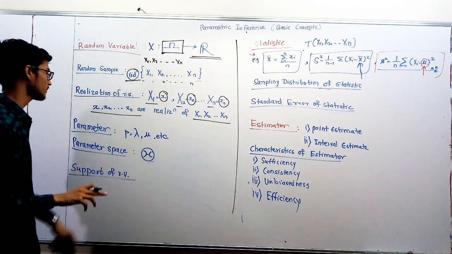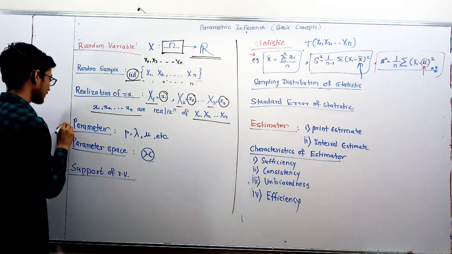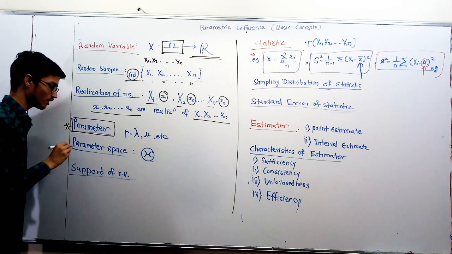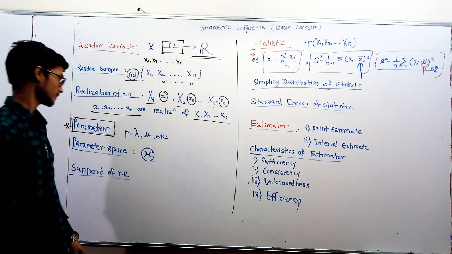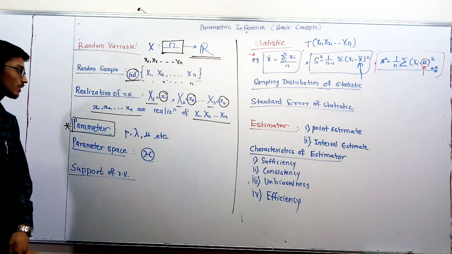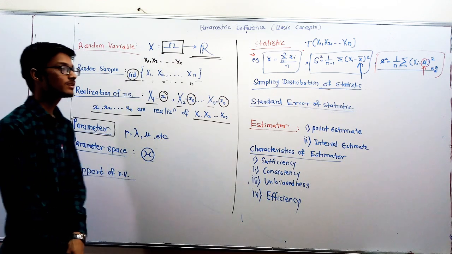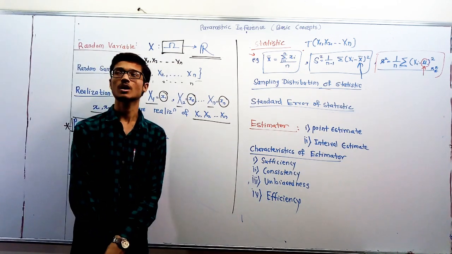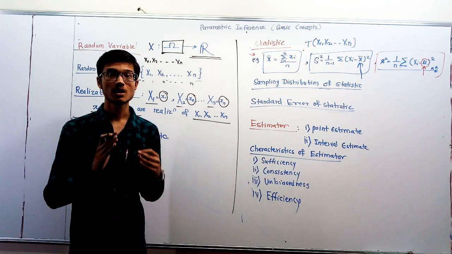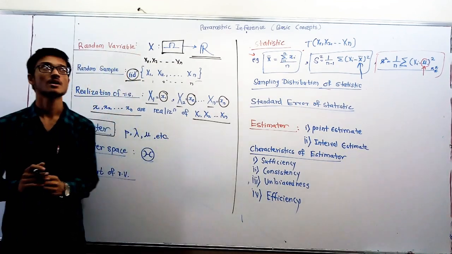Okay, then parameter, the basic and very important concept in statistical inference. Okay, parameter. What is parameter? Parameter is the quantity which specifies the probability distribution completely.